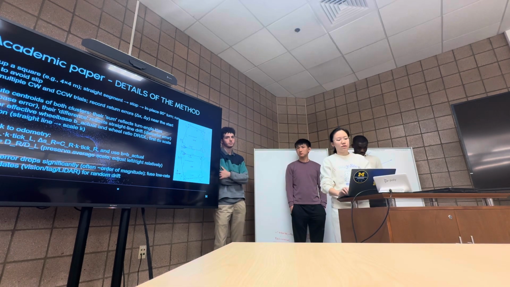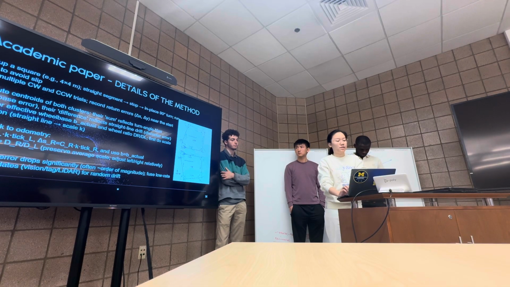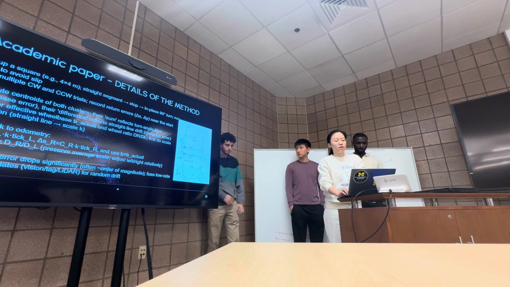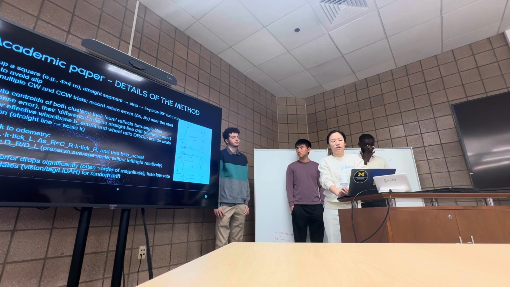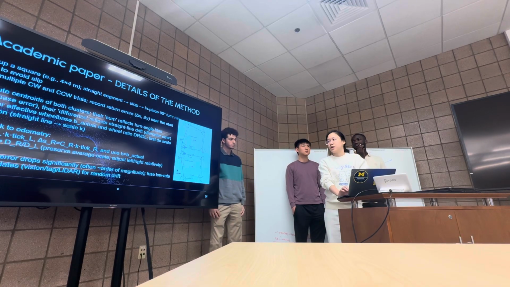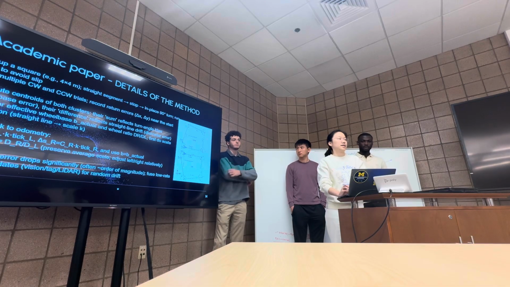Then we compute the centroids of both clusters. The sum reflects the turn angle bias, which is the wheelbase error, and the difference reflects straight-line drift, which is the diameter error. This gives us the effective wheelbase and the wheel ratio dr over dl. Before this, we first need to do a scale calibration, the straight-line scale k.